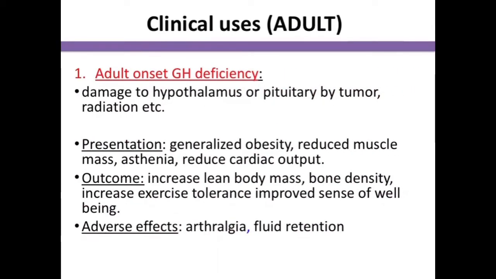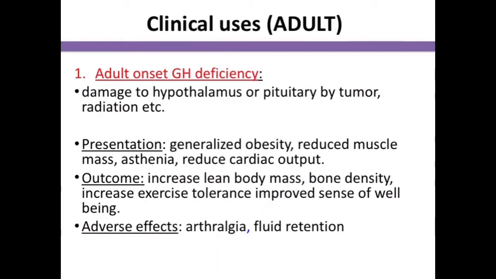In adults, adult onset of growth hormone deficiency, either due to damage to the hypothalamus, a pituitary tumor, or secondary to radiation, will present with generalized obesity, reduced muscle mass, asthenia, and reduced cardiac output.